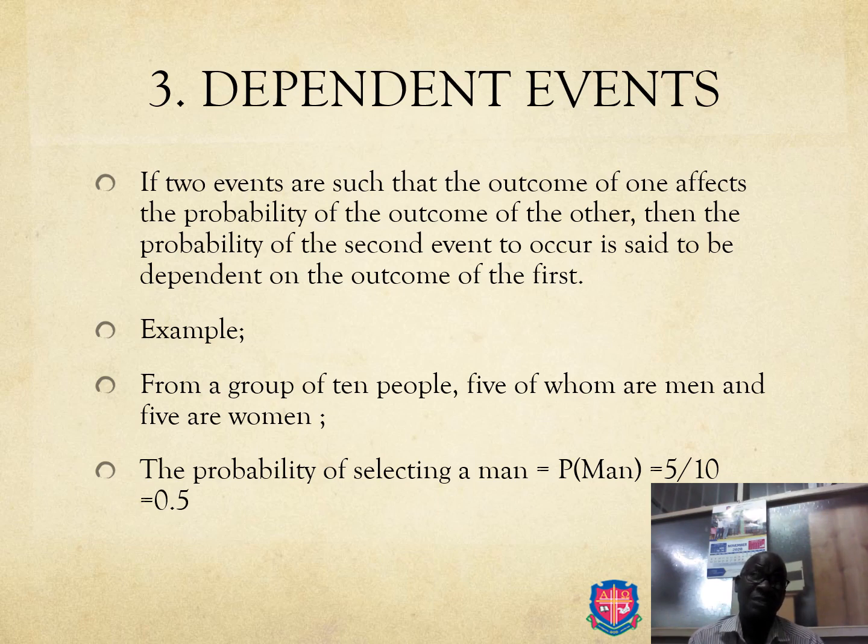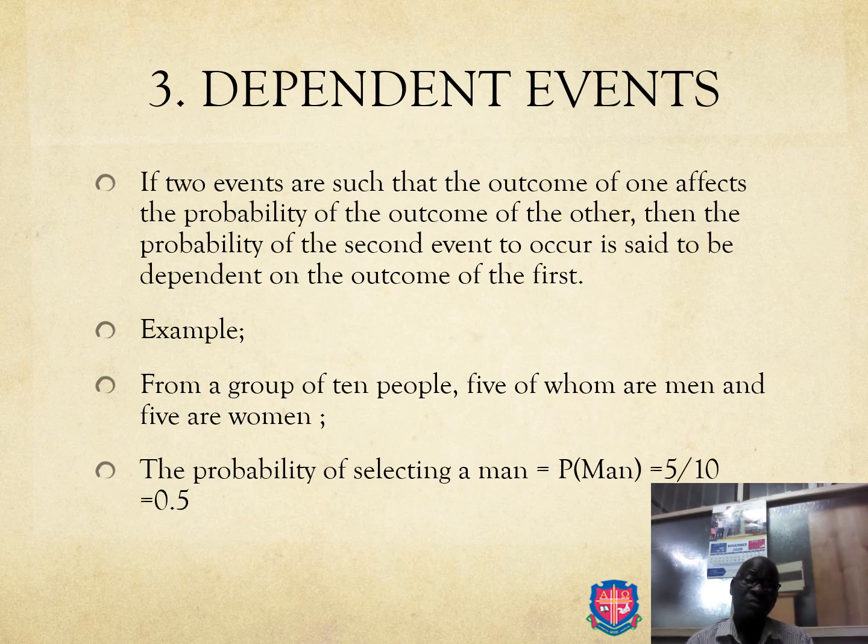For example, in production, we have yield, say of maize, and then fertilizer application. So yield is dependent on fertilizer application, or yield is dependent on weather, climate. So that means in order to have more yield, you may be required to apply more fertilizer. So those are dependent events.